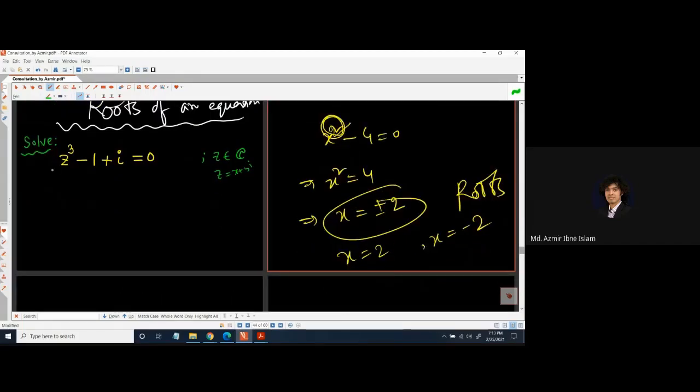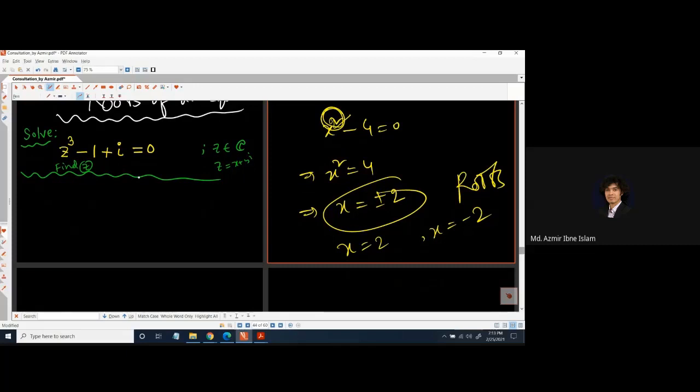Here you need to follow some steps. Your target is to find z, but for that you have to follow some steps. Step 1: keep z on the left hand side of the equation.